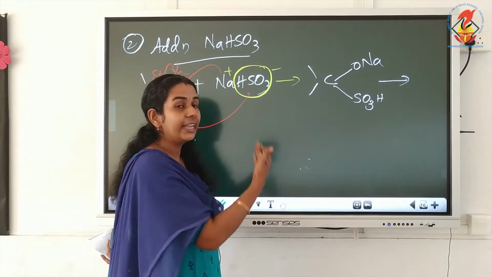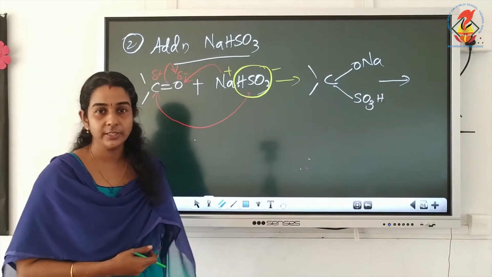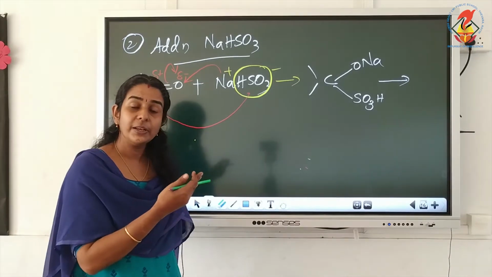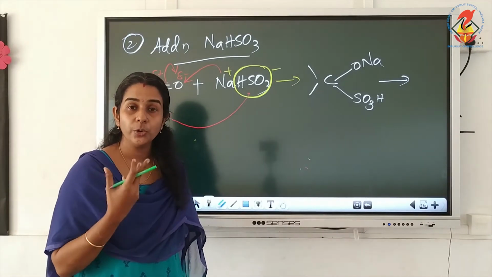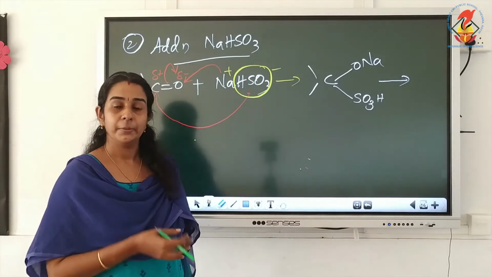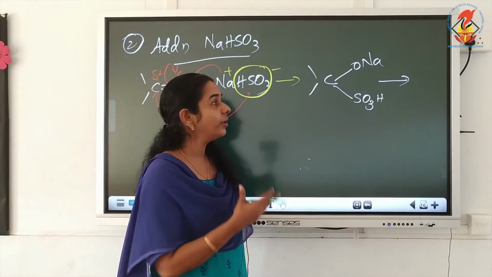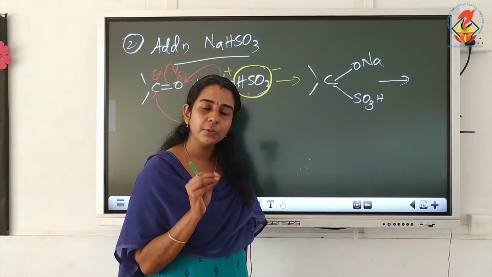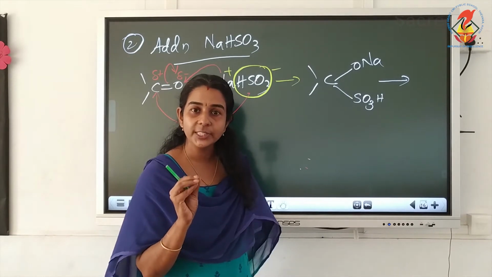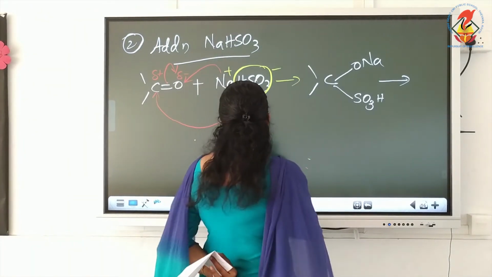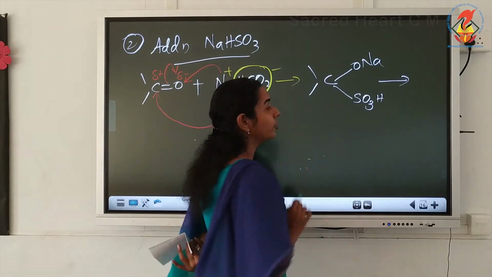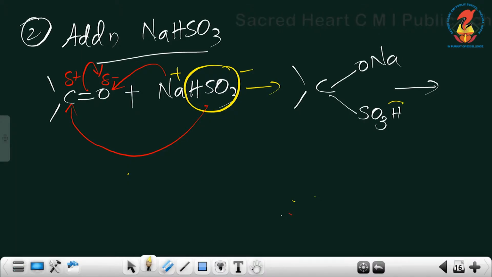Okay. Now in the last step, usually in nucleophilic addition reactions, the second step will be the addition of a proton or H plus from the medium. But here there is no abstraction of a proton. Here is actually only a small proton transfer. Okay. So how can we draw the proton transfer? Here this H plus from the SO3 group will be shifted to oxygen.